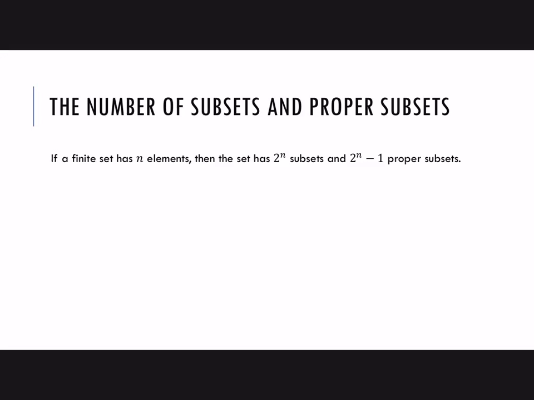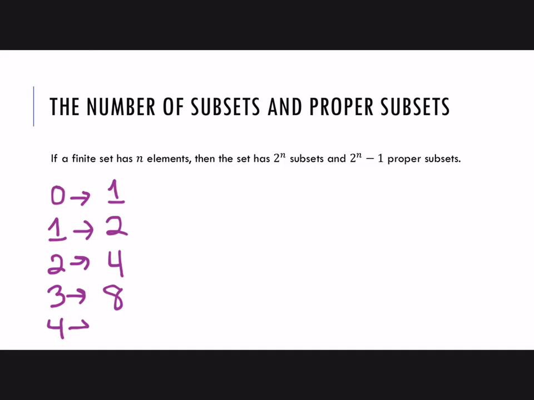So we can actually show, at least using inductive reasoning, we haven't proved it, that there is a little formula here. A set with 0 elements, the empty set, had 1 subset, a set with 1 element had 2 subsets, a set with 2 elements had 4 subsets, a set with 3 elements had 8 subsets, and if you tried this, a set with 4 elements, you can make 16 different subsets.